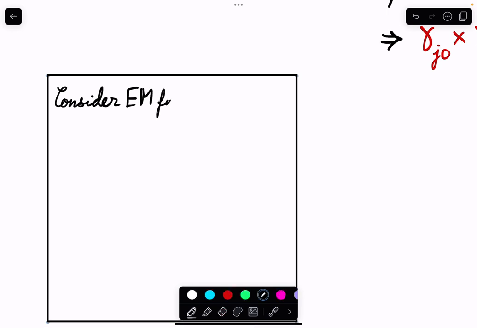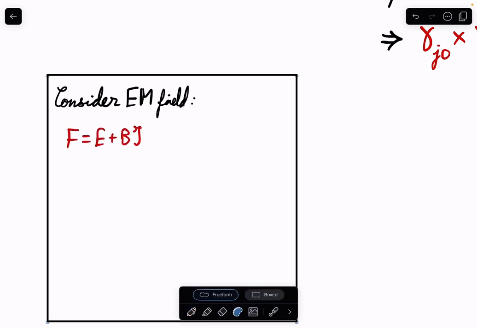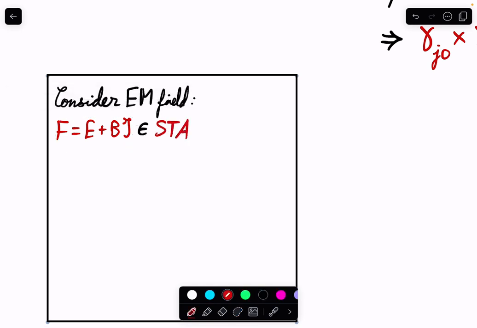So I'll say this electromagnetic field, which would be F equals E plus BI. So this is an electromagnetic field in the space-time algebra. So this right here is in the STA, but it's technically plus.